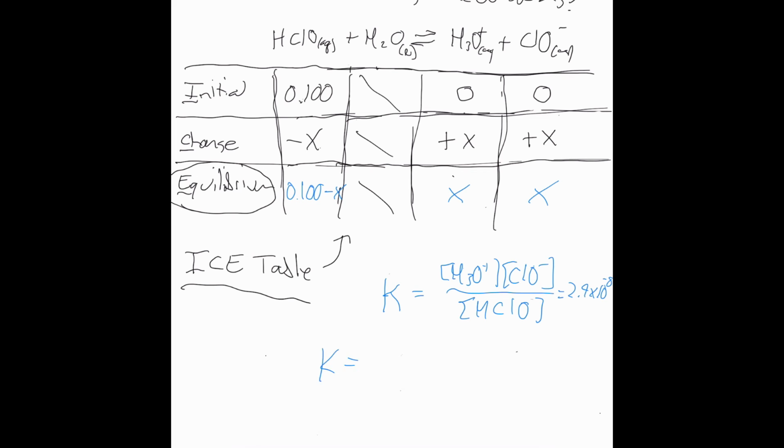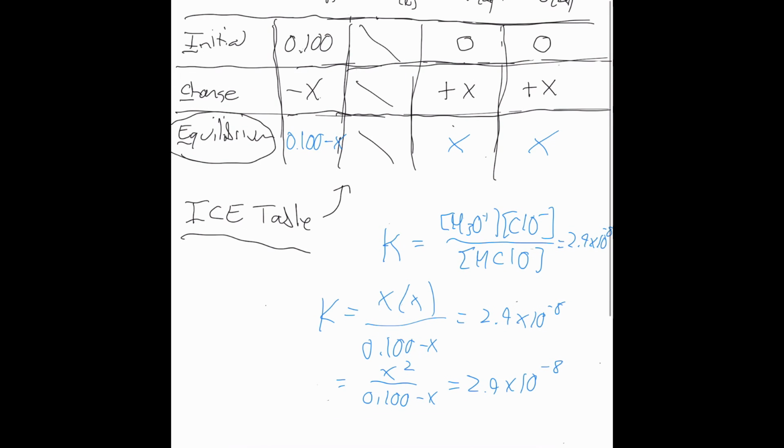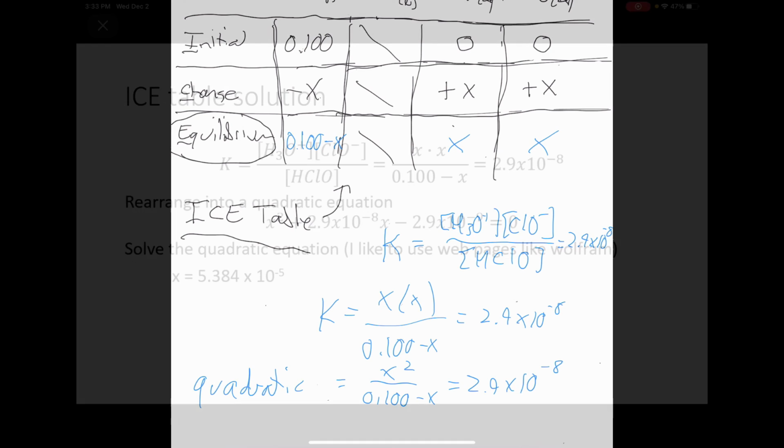So that means our K will substitute in x times x over 0.1 minus x equals 2.9 times 10 to the minus 8. That's x squared over 0.1 minus x equals 2.9 times 10 to the minus 8. Now what we have is a quadratic, and we just need to solve that.